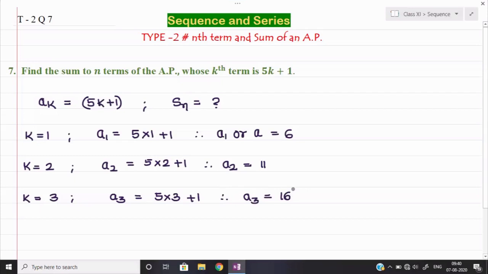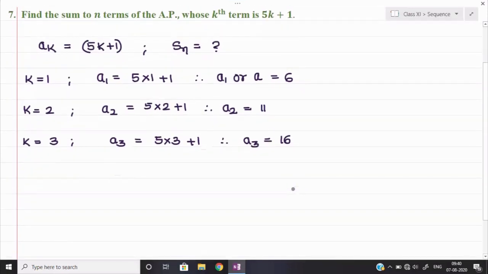Okay, so now let us write down the AP. So therefore we can say that the AP is: my first term is 6, then 11, then 16, and so on.